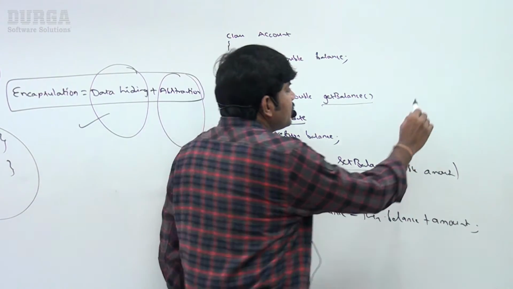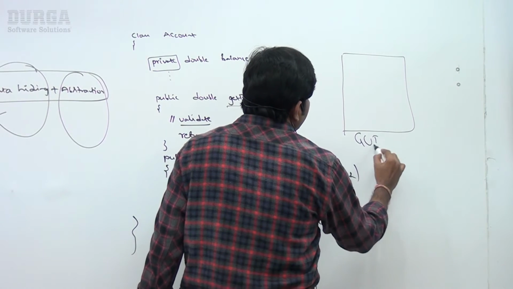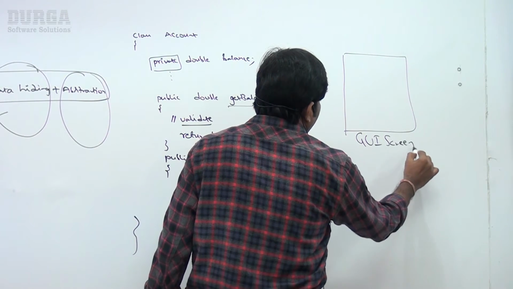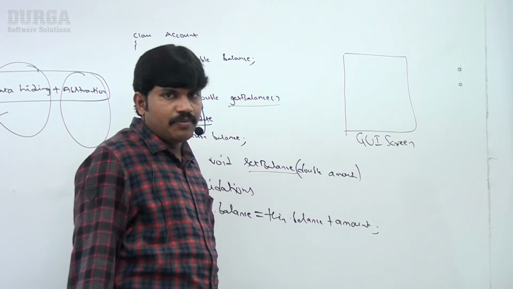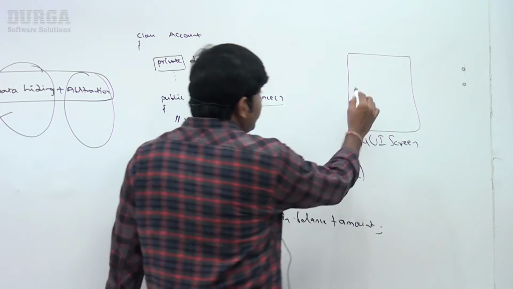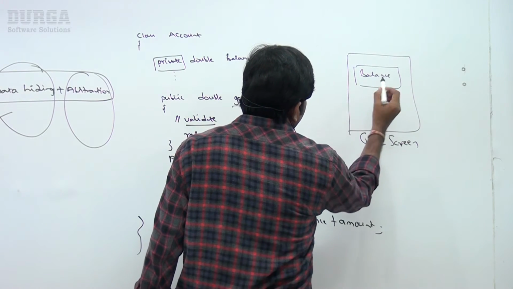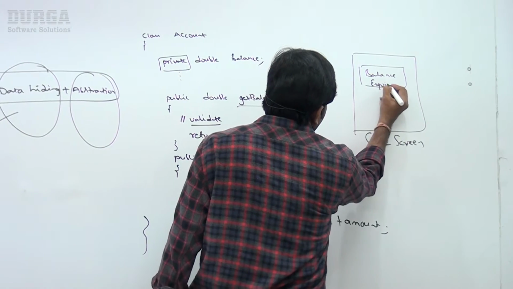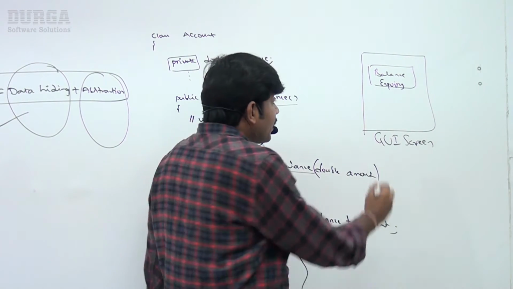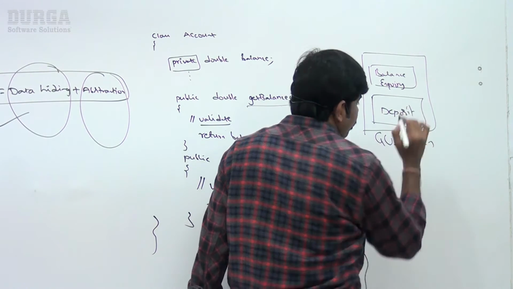I will provide one GUI screen to the end user, maybe JSP based or AWT Swing based, some GUI screen. In that there is a balance inquiry button, and there is another button, deposit, something like that.